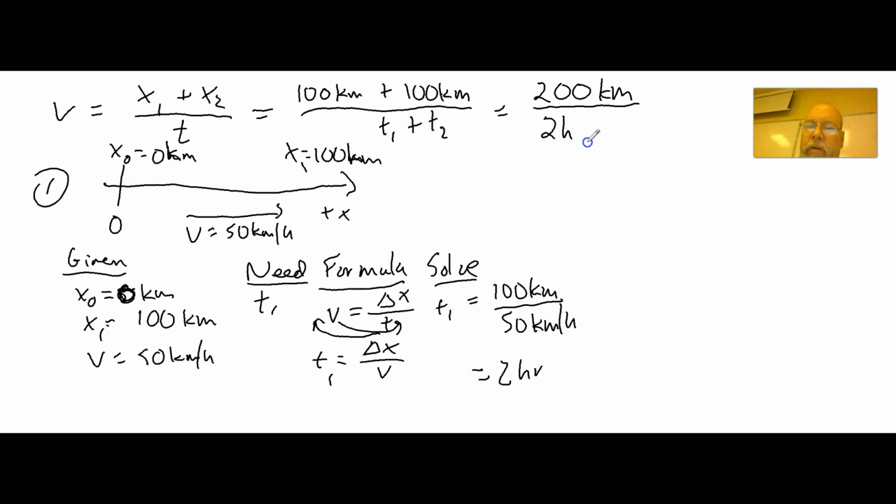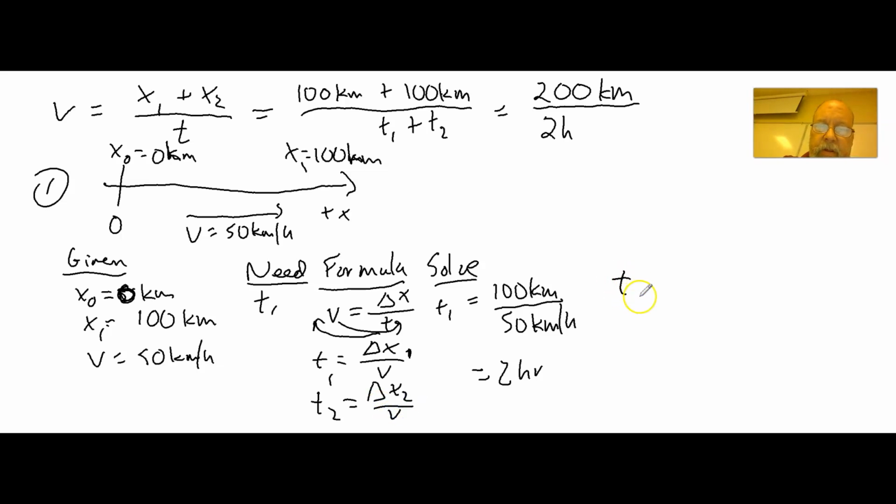Now I don't really need to recreate all of this again. I can just do the same thing for T2 as well. T2 equals delta x2 divided by that velocity.